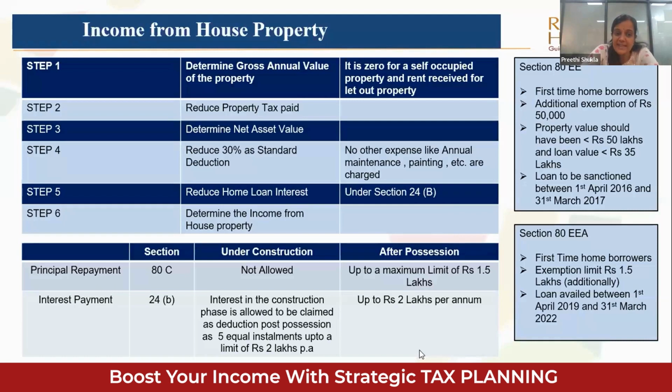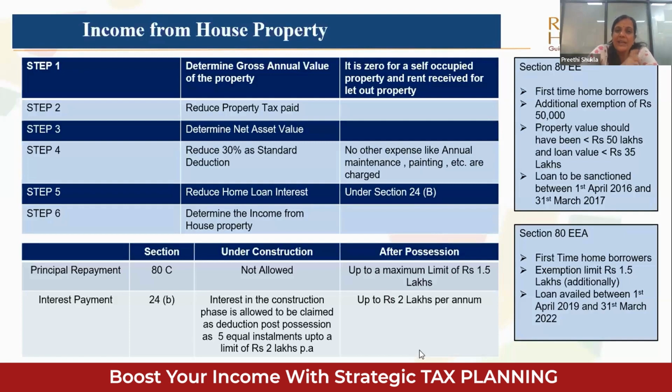Please note this is exactly where you will be deducting the interest that you pay on the home loan. The first step is to determine the gross annual value of the property, reduce the property tax that you have paid, and you'll get the net annual value. From the net annual value, you're allowed 30% as standard deduction. Deduct your home loan interest, and the remaining is your income from house property.